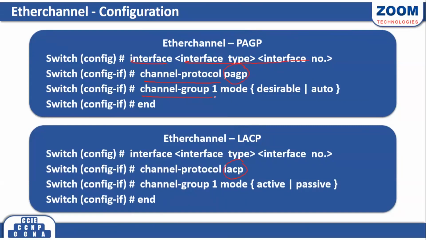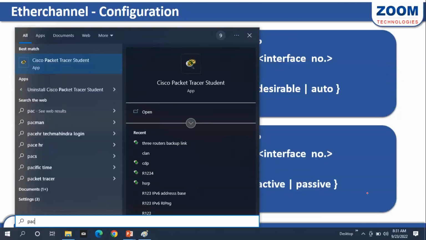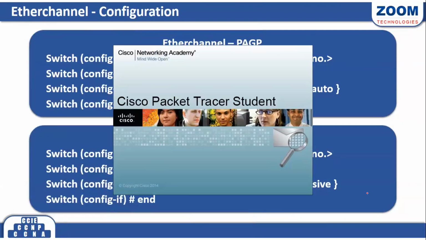Then the channel group, for 5 links or 3 links we are combining, means grouping. For that group we define one number, which can be any number, for example 1. And modes: for PAgP, one end is desirable, other end auto. If it is LACP, one end is active, other end passive. Like this, we can configure. Got it?